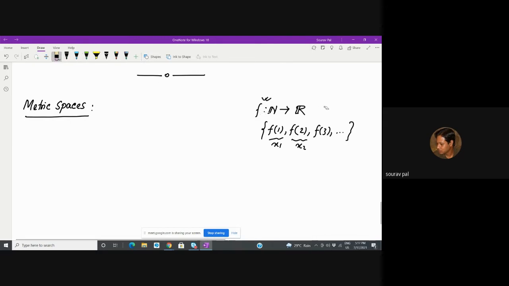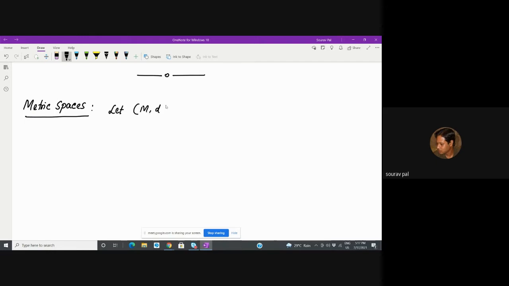Similarly, one can define a sequence in any metric space in a similar fashion. So let (M, d) be a metric space.